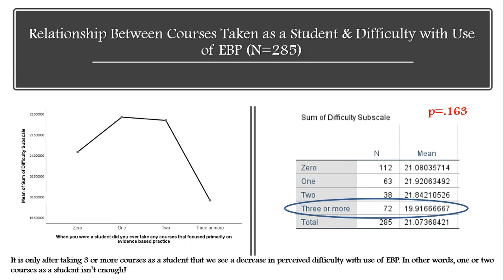So even this course that you're taking with me won't necessarily be enough for you to perceive the use of EBP with ease, okay? Or to actually implement EBP with ease, okay? And so this really makes the case for the need for continuing education or for lifelong learning, in that the more courses you take, the less likely you are to perceive the process as difficult, okay?